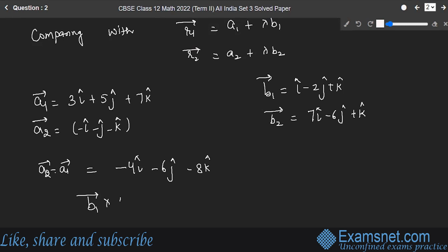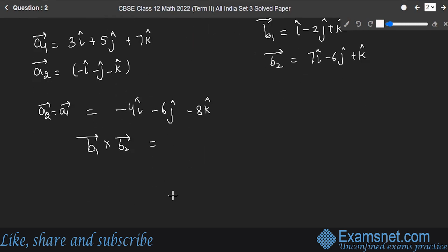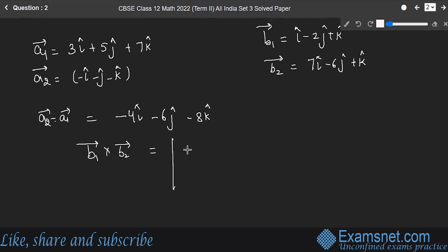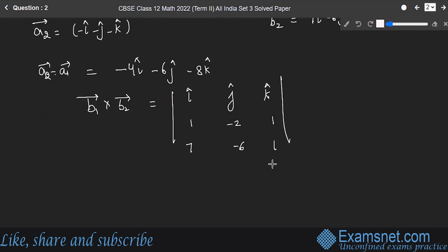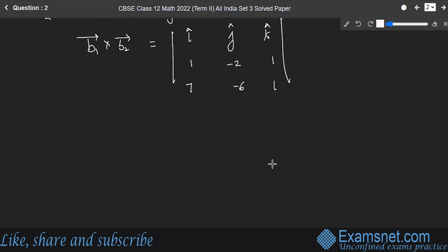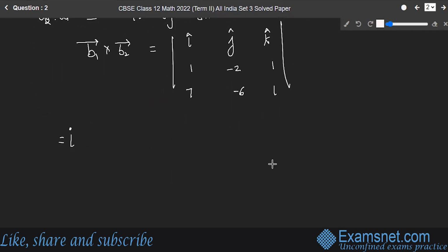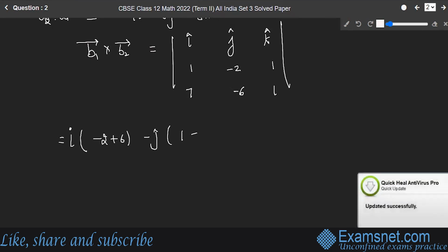And the cross product of B1 and B2 vectors will be given by the determinant with rows i j k, 1 minus 2 1, 7 minus 6 and 1. Let's find out further. This will be minus 2 plus 6, 1 minus 7, k into minus 6 plus 14.